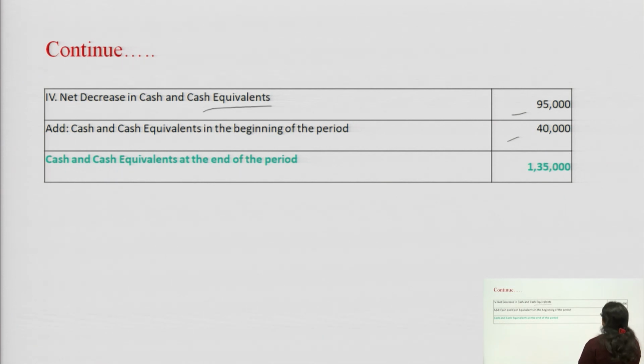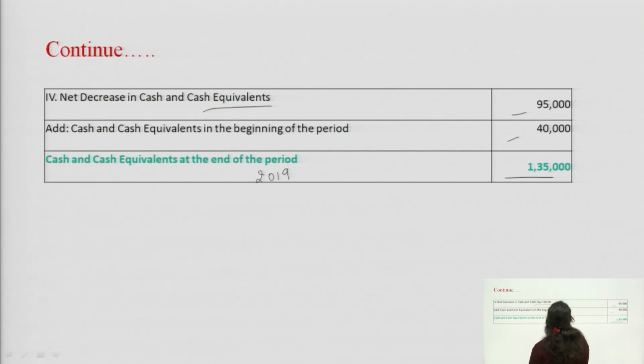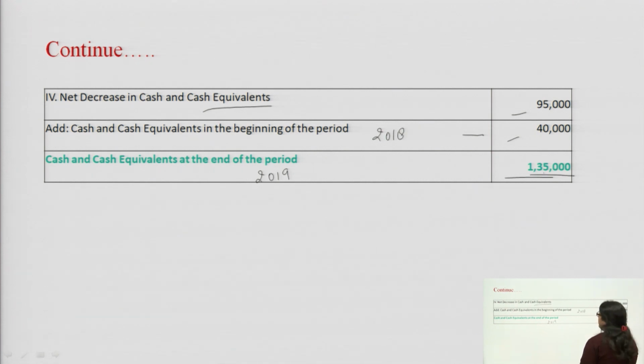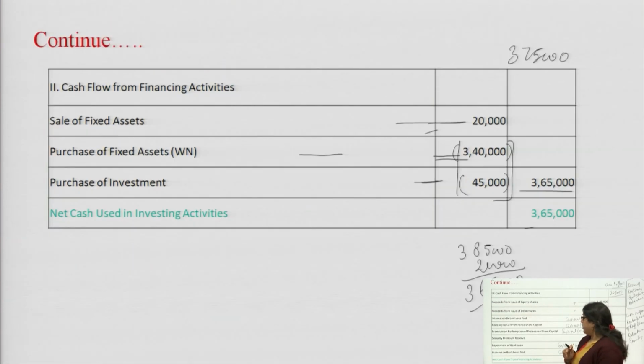Okay. 1,35,000 was in 2019 and in the beginning it was in 2018. So, by adding this we will get the same amount. So, means what? Here you can actually check your answer also. The balance which is given in the question itself, I will just show you again.